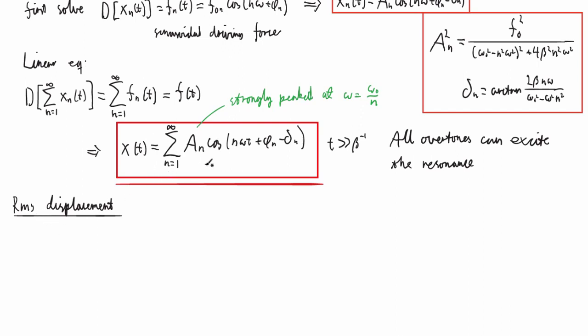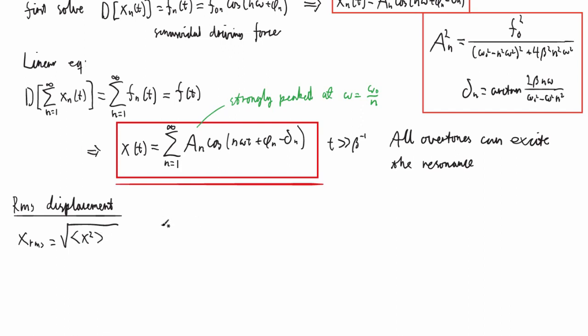That tells you roughly how much it moves away from its equilibrium, whereas there's no overall amplitude because we have all these a's each multiply their own cosine function. But we can calculate the RMS displacement, which, as you should know, is equal to the square root of the average of x squared.